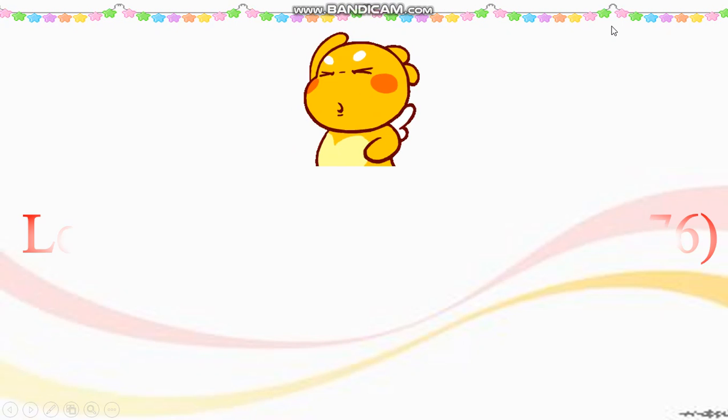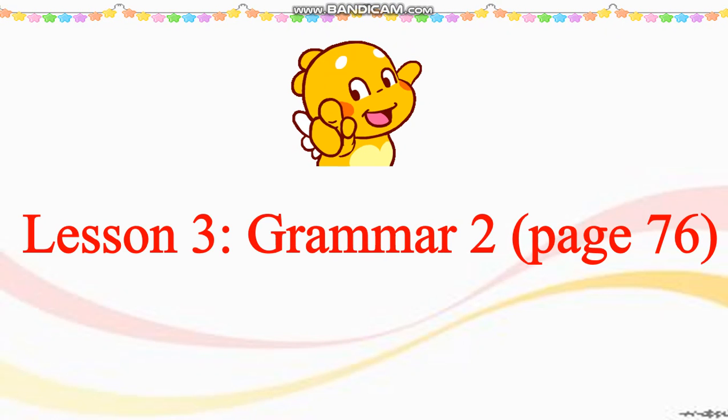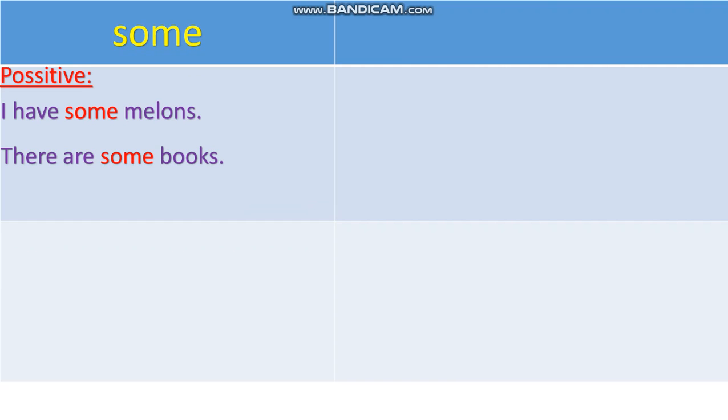In this lesson, we will continue grammar 2, page 76. Some and any. We use some in positive sentences, for example, I have some melons. There are some books.